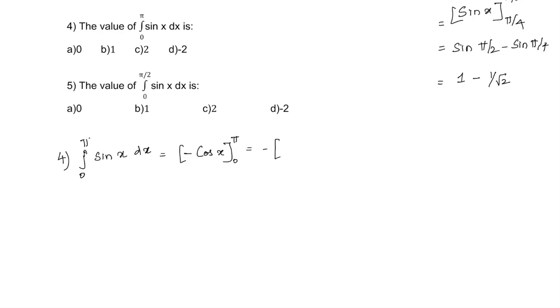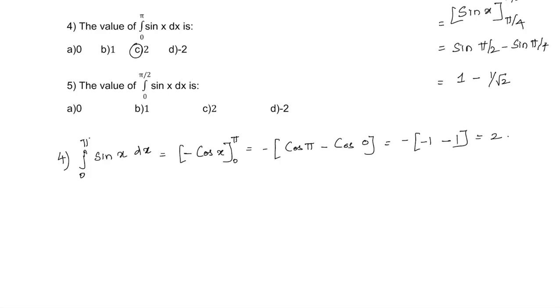That is minus cos pi minus, minus cos 0, which is equal to minus cos pi is 1, minus cos 0 is minus 1, which is 2. Answer is C.